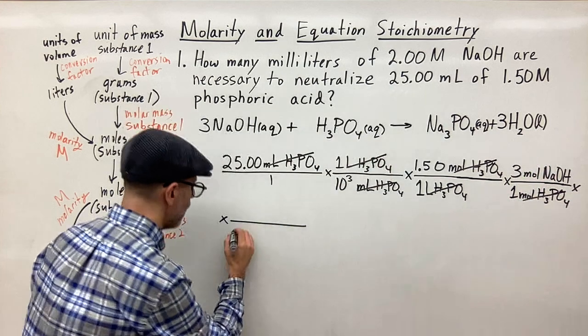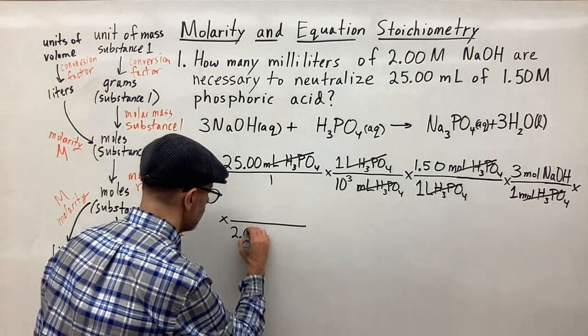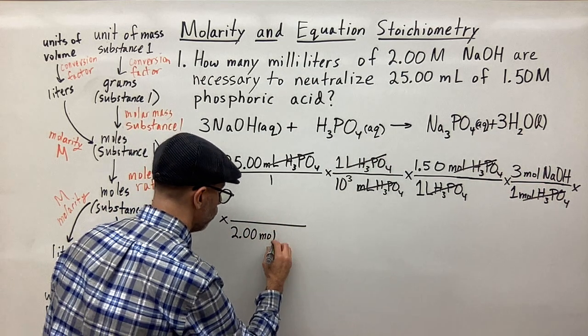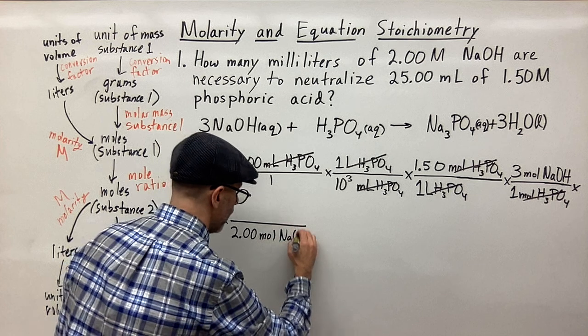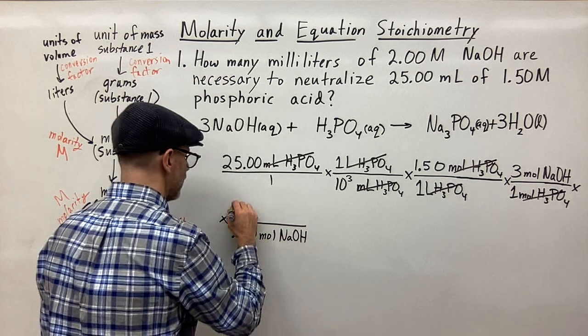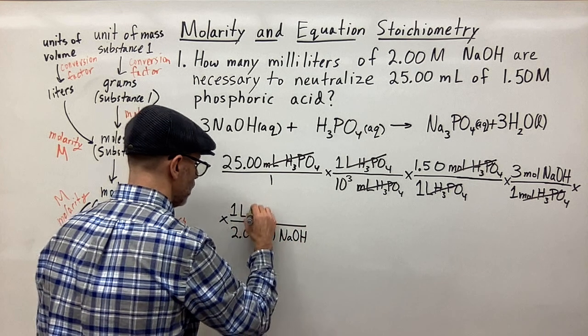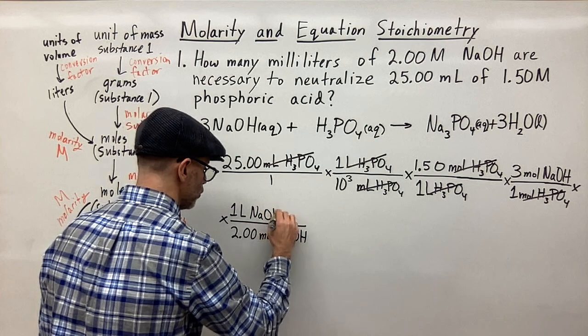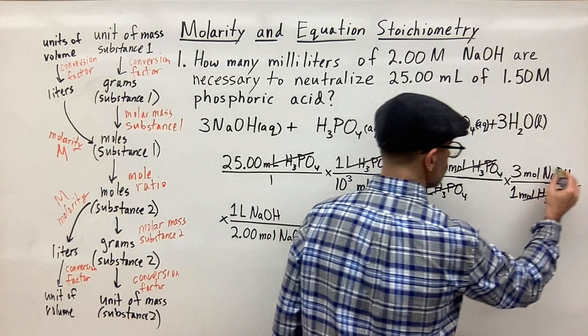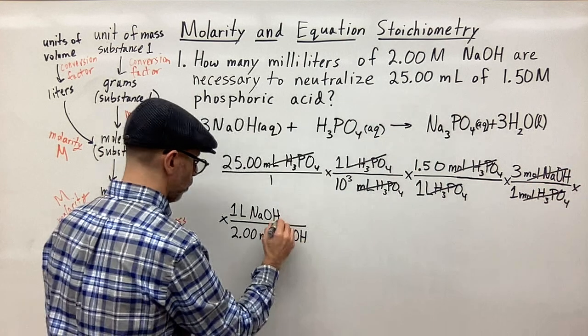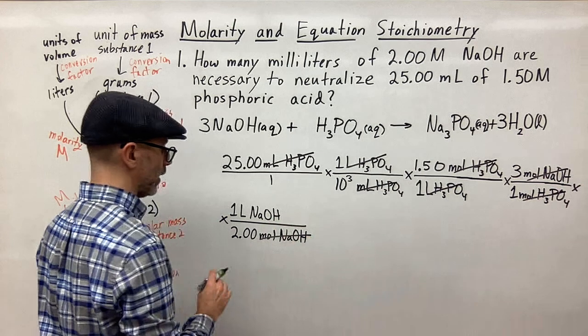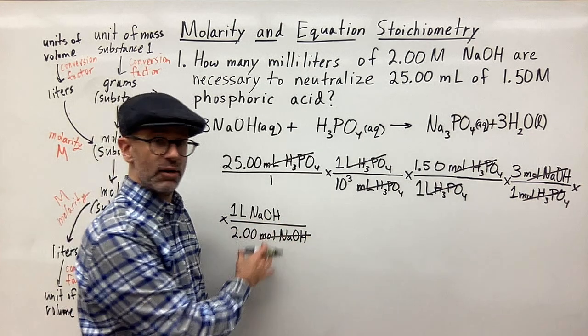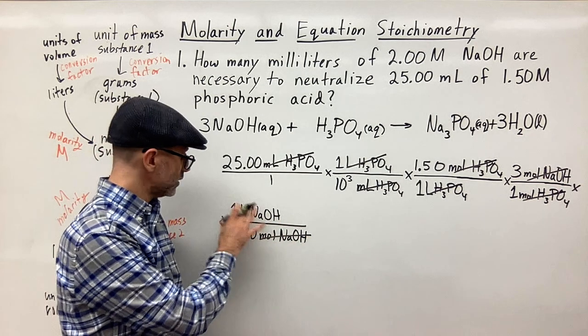I'm going to put moles on the bottom. So 2.00 moles of NaOH, and then that means 1 liter of the NaOH solution is on top. So moles of NaOH cancel out. Now I have liters of NaOH on the top.